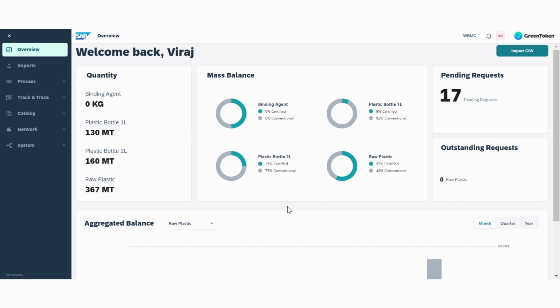The first one is tokenization. Every time a sustainable or certified material enters the Green Token network, new green tokens are minted or created. These tokens can then be transferred from one location to another within a company, or they could be converted from raw materials to finished goods.